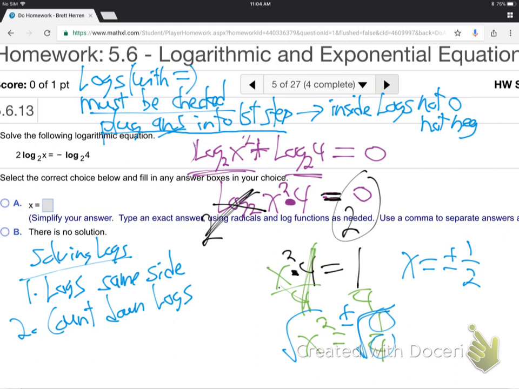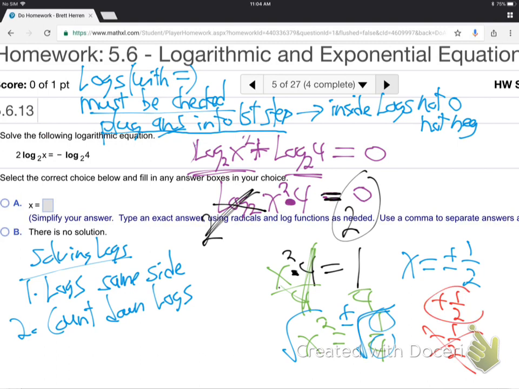So I got 2 answers here, plus 1/2 and minus 1/2. If I put the plus 1/2 in for x, remember, go back to the first step, the original, so that's positive, so that's fine. I don't need to work anything else out. I just have to make sure the inside of the log is not 0, not negative. Positive 1/2 is not 0, not negative, but the negative 1/2 obviously is bad.